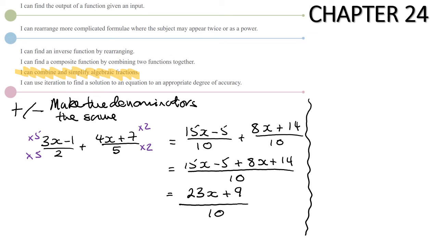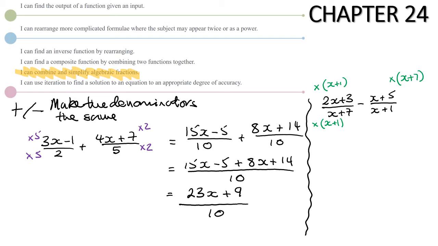Let's say I had (2x plus 3) over (x plus 7) minus (x plus 5) over (x plus 1). Now what I need to do with this, I need to multiply this fraction by x plus 1, the top and the bottom, and this fraction I multiply the top and the bottom by x plus 7.